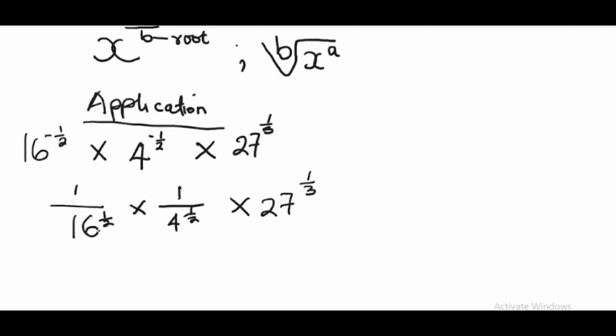So now remember the law of fractional index, that this will be the root, right? Good. So we have 1 over the root of 16 times 1 over the root of 4 times the cube root of 27.